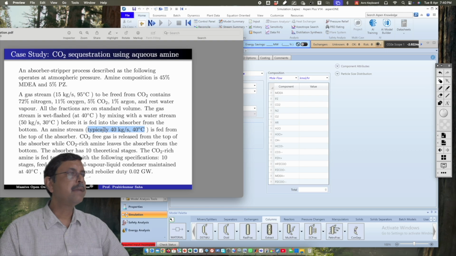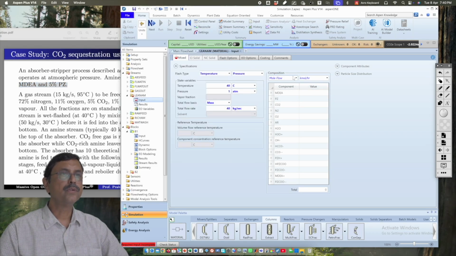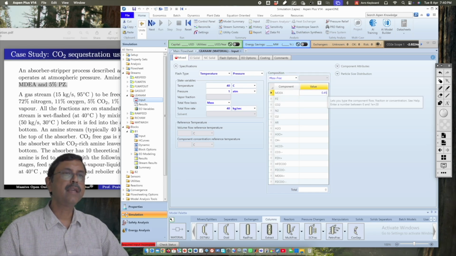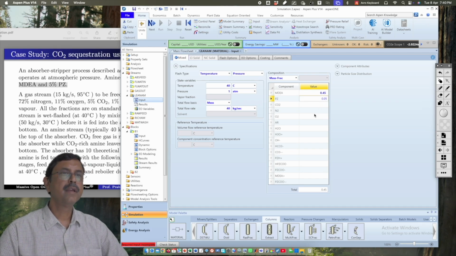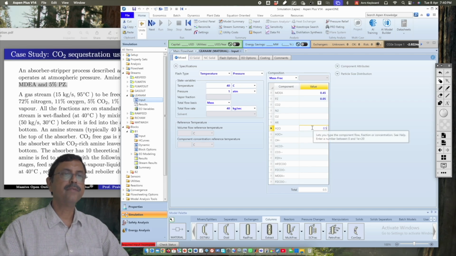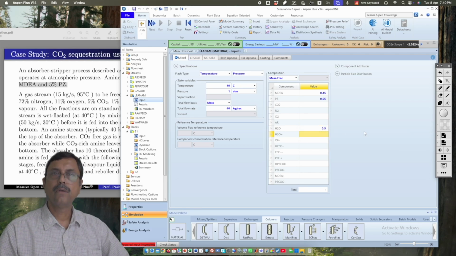And typically the amine is having the composition of 45% MDEA and 5% PZ. So we will have the mass fraction of 0.45, this will be 0.05, and the rest will be water. So water will be 0.5. Total it is 1.